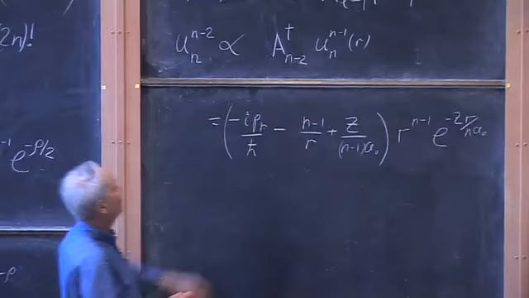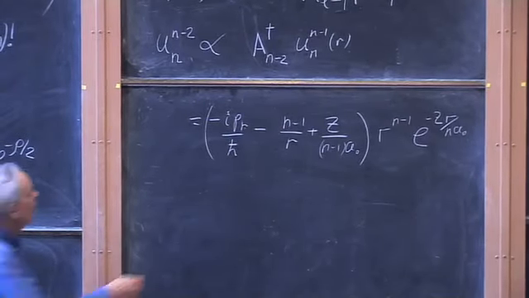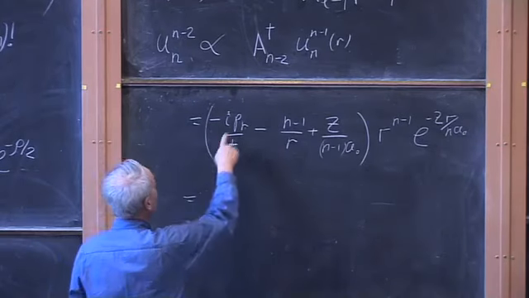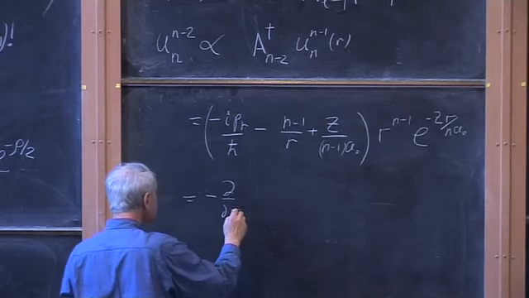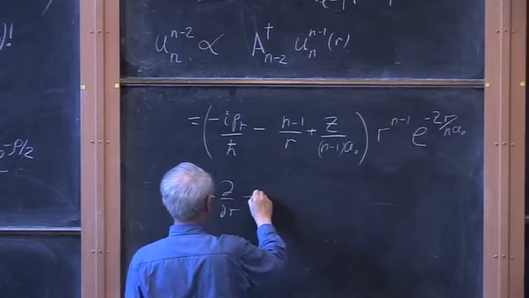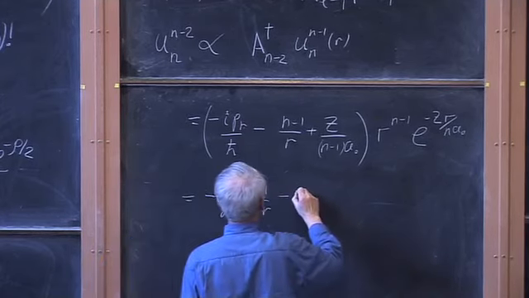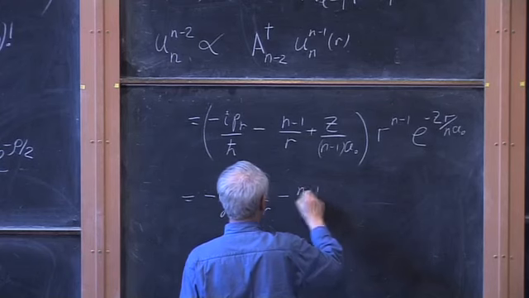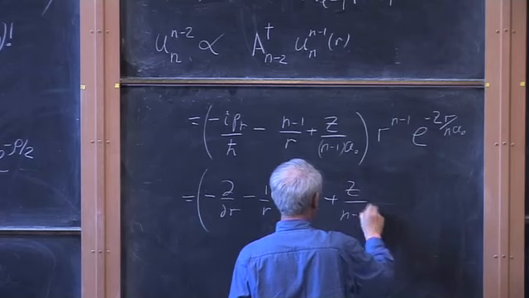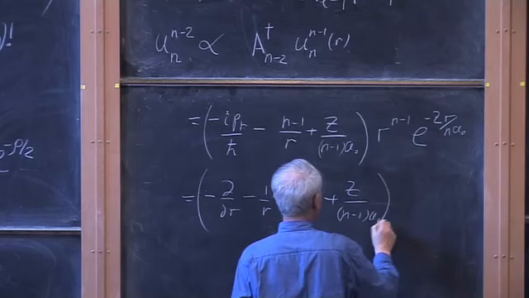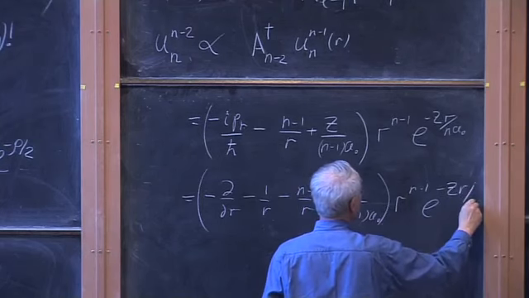So now we have to again replace p_r with minus i h bar d by dr plus 1 over r. So we're going to have too many minus signs now. We'll get a minus d by dr, minus 1 over r coming from here, minus n minus 1 over r, plus Z over n minus 1 a_0, close brackets, r to the n minus 1, e to the minus Z r over n a_0.